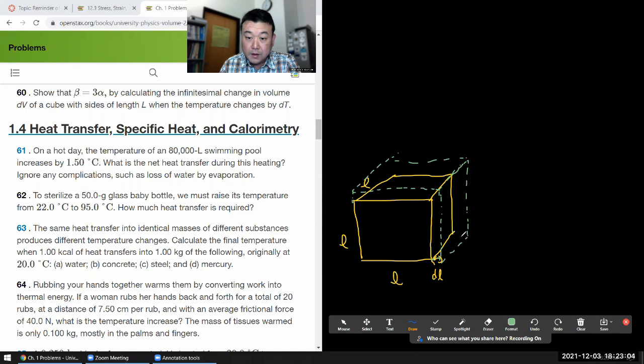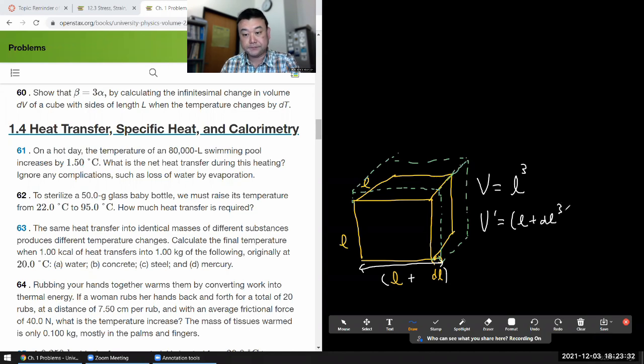When you calculate the volume of a cube, it is L cubed, and that's the reason for the name. The new, expanded volume would have each side of the cube with the length L plus dl. So this is going to be L plus dl cubed.